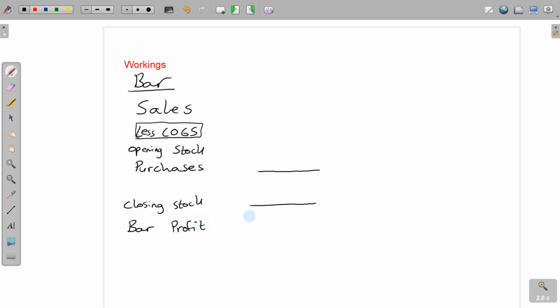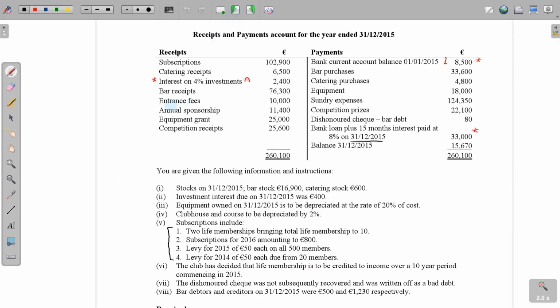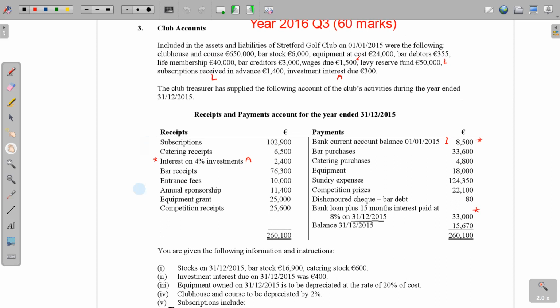So very similar to, well, identical really to anything we would do for a P&L. The only thing we have to look at is, okay, so we have bar receipts, 76,300. Now, part of that 76,300, we received all that as cash, let's say, so that's all the payment we received.